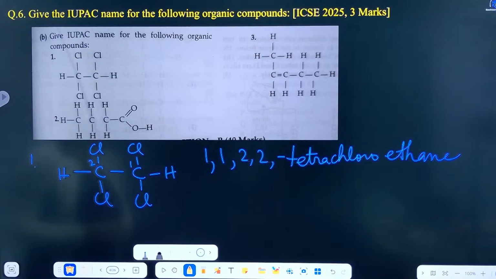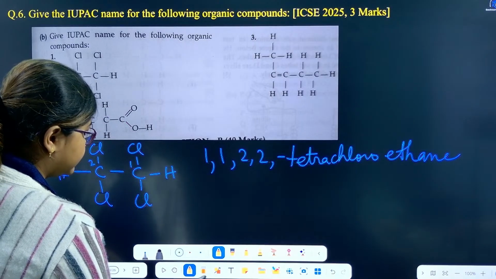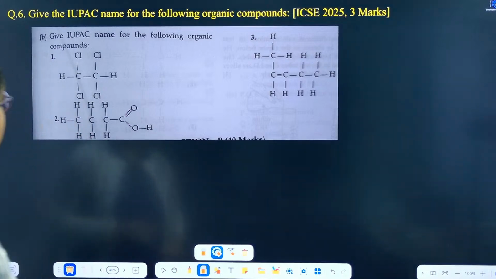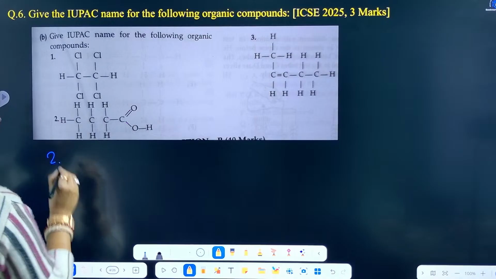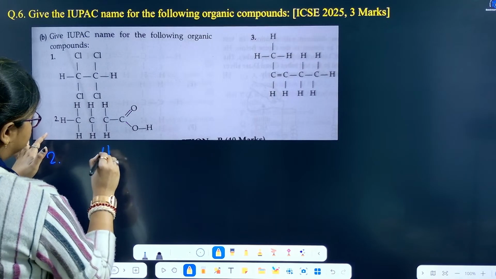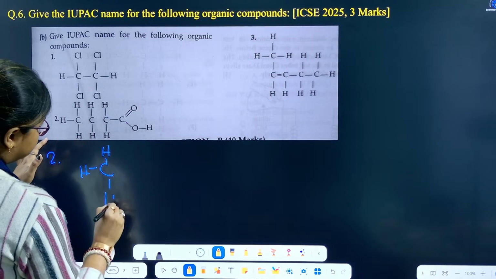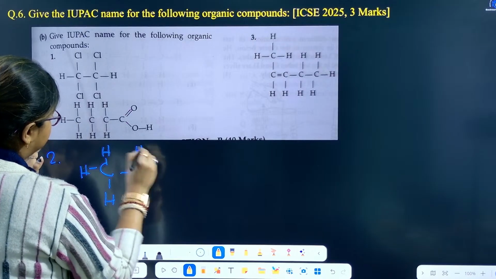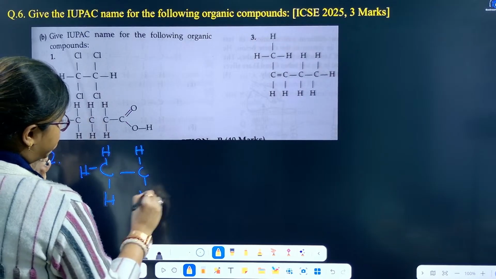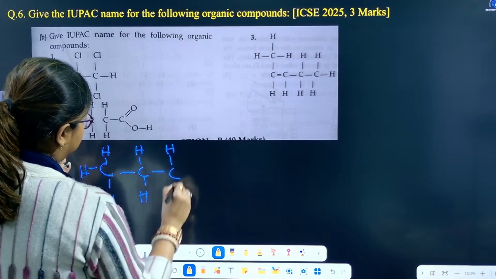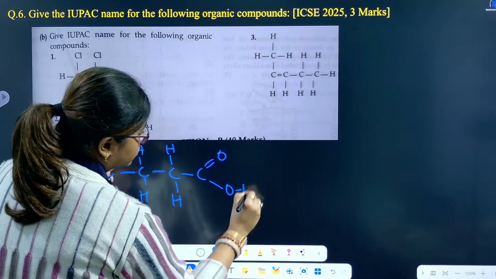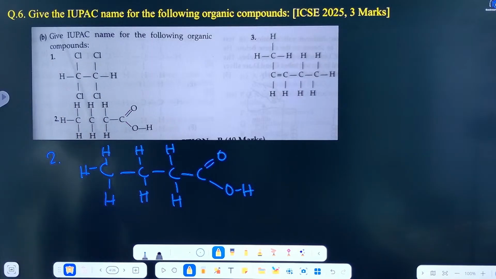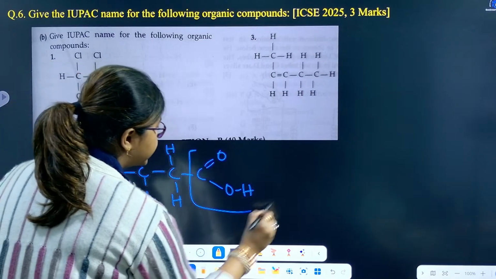Next is. The bonds here are missing, printing mistake. Okay. Now you see, what is this?